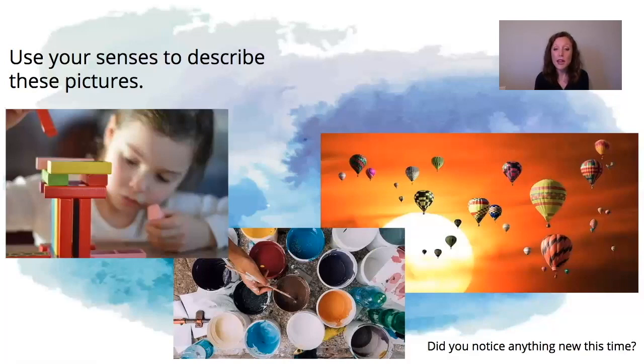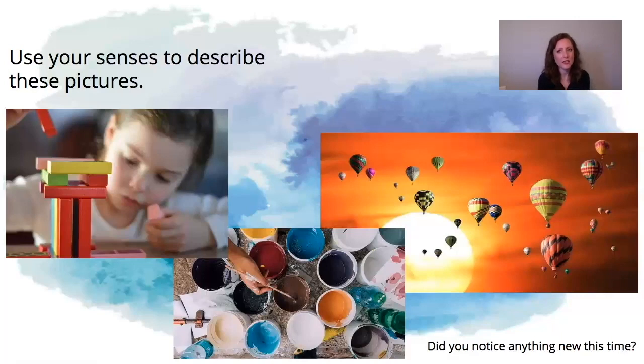But let's look at the paint. I could talk about how paint smells. I know at our house that I've painted some rooms in our house, and when I paint, it has a very strong smell. Some people might like the way paint smells. Some people may not like the way that paint smells. That's okay, but it definitely has a smell.